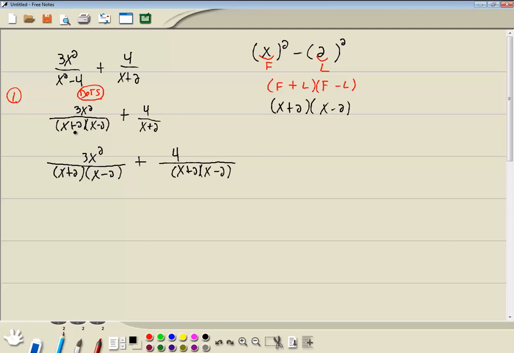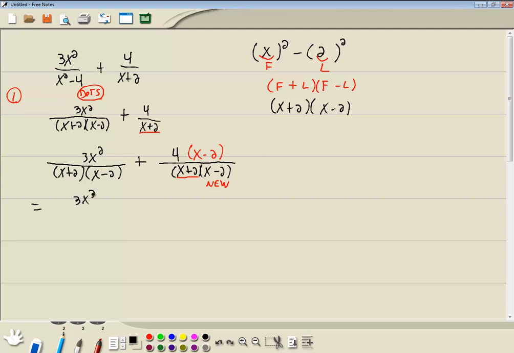This one already had an x plus 2, x minus 2, so that hasn't changed. I'll leave it alone. My second fraction, though, had an x plus 2. That x plus 2 is still there. The new item down below is the x minus 2. Whatever new item you have down here, you have to also put up on top. The mathematical principle behind that is whatever you multiply by the denominator, you have to multiply by the numerator.